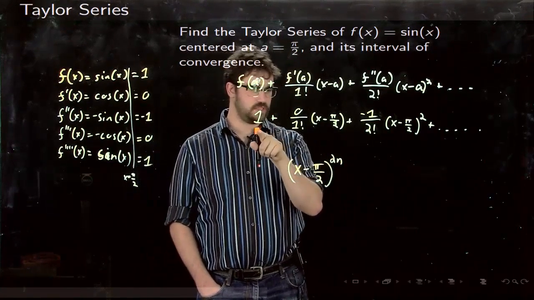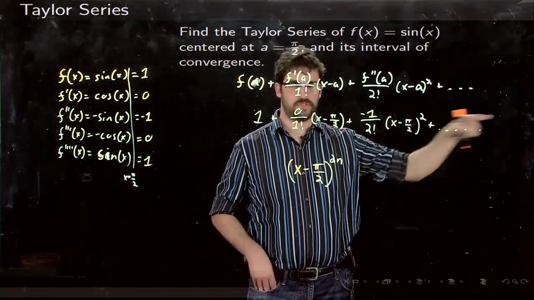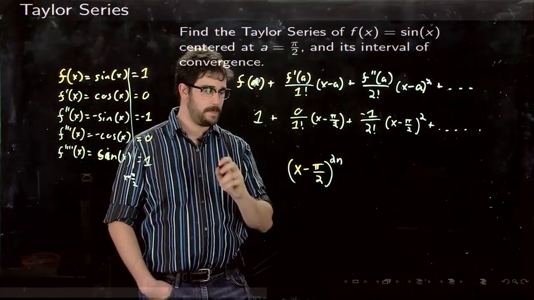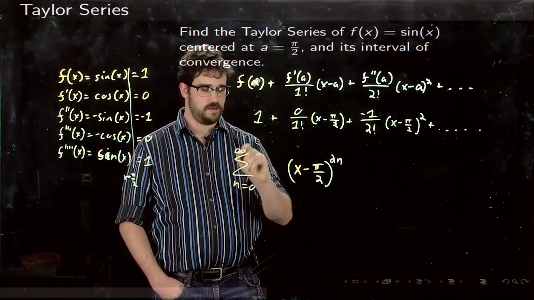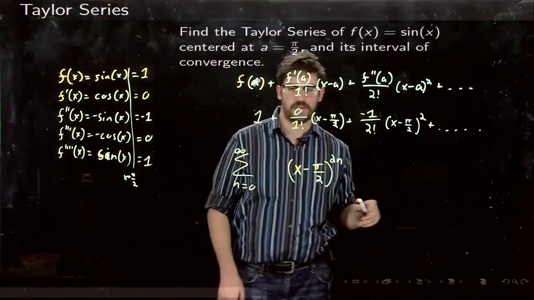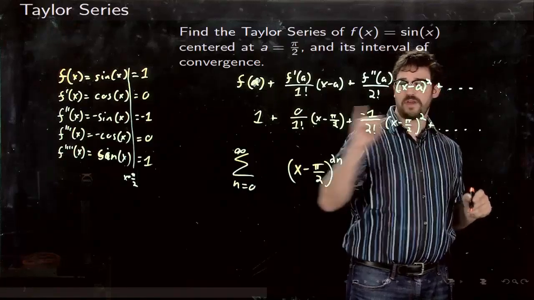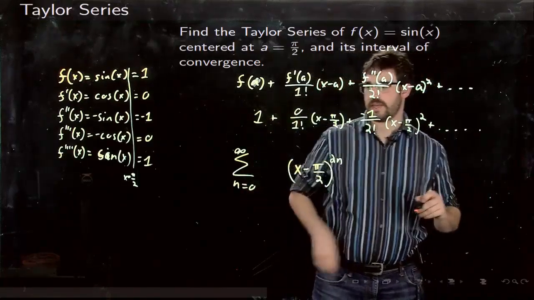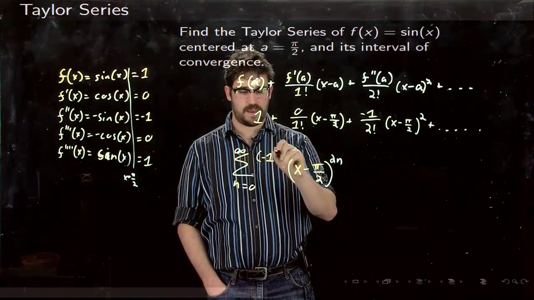Because at n equals 0 it works, n equals 1 it would be squared, n equals 2, etc. So we want to sum from n equals 0 to infinity. So we have this term all figured out. And then we have this alternating. Every n, it's going to alternate. So we're going to have a negative 1 to the n.